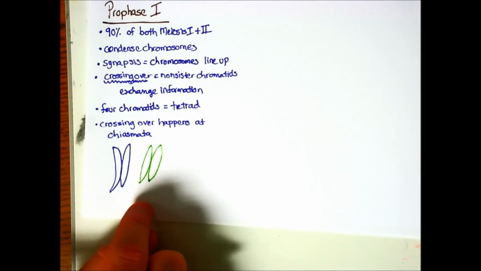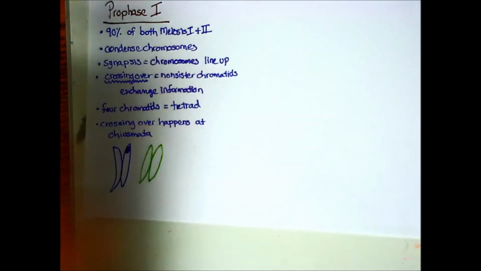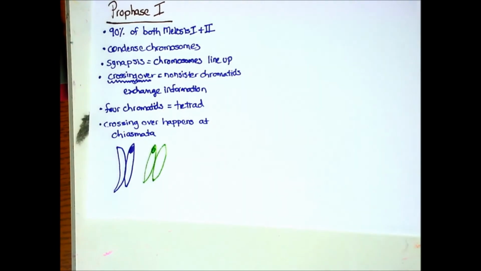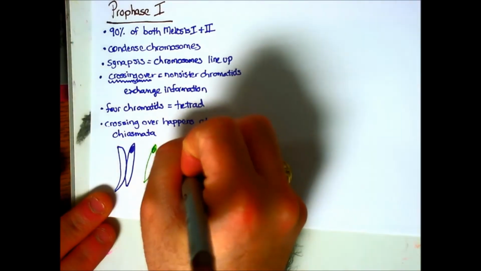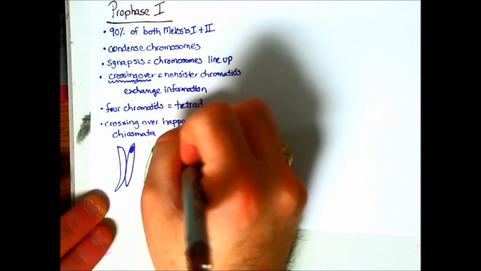So here's what we're going to observe. We're going to observe that this section and this section are going to cross over. So after the crossing over event has happened, we're going to be left with something like this.